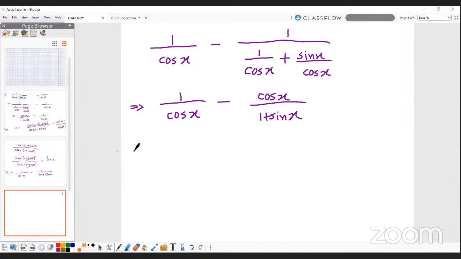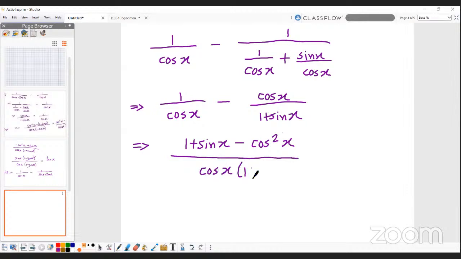And the same thing, you will simplify it. Here you will get 1 plus sin x minus cos into cos, which is cos square x, upon cos x into 1 plus sin x. Again, 1 minus cos square x will be sin square x.